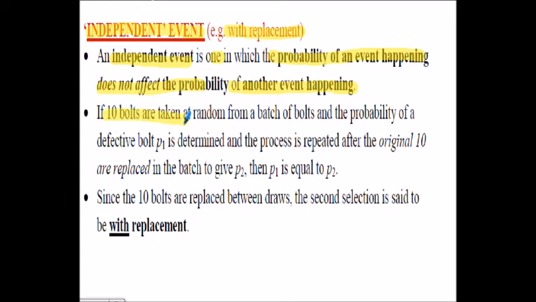If 10 bolts are taken at random from a batch of bolts and the probability of a defective bolt, P1, is determined, and then the process is repeated after the original 10 bolts are replaced in the batch to give P2, then P1 is equal to P2. Since the 10 bolts are replaced between the draws, the second selection is said to be with replacement.